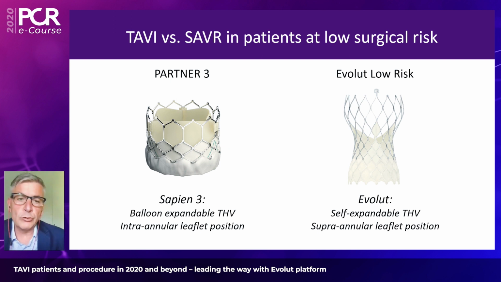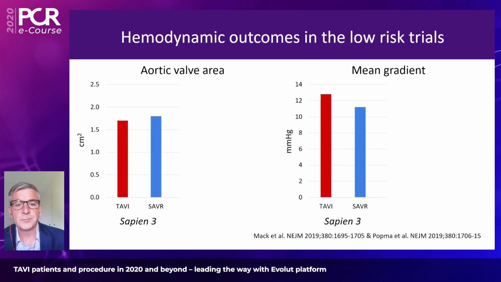So just going back to the 2 low-risk trials, we know in PARTNER 3, the valve which was used for transcatheter aortic valve replacement was the SAPIEN 3 balloon expandable valve with internal apposition of the leaflets, and in Evolut low risk, it was a CoreValve platform, the Evolut platform, self-expanding technology with a supraannular leaflet position.